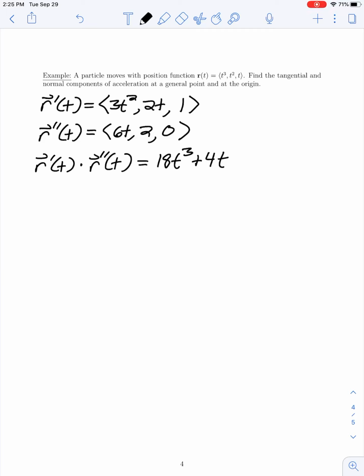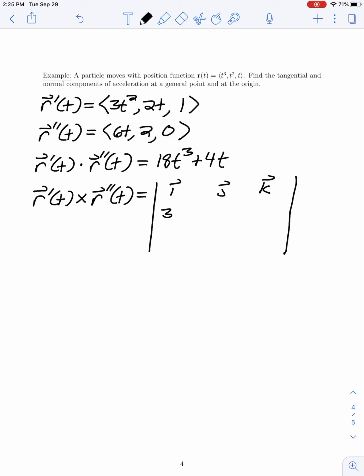And we also want the cross product of these two expressions, that is r prime of t cross r double prime of t, which would be given by the determinant of a 3x3 matrix whose first row consists of the standard basis vectors i, j, k. Our second row would be the entries of r prime, which were 3t squared, 2t, and 1.